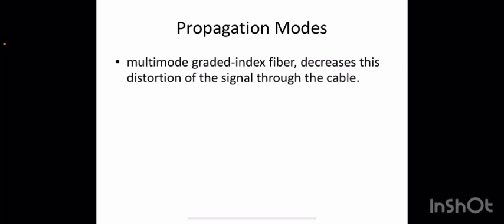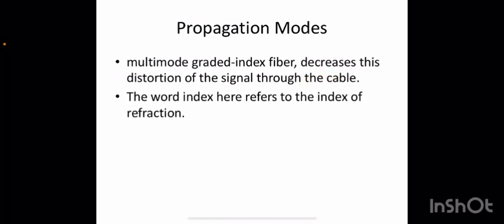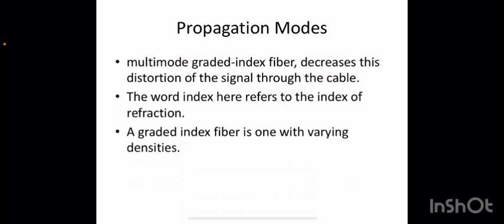Due to that, some distortion will be there, and signal quality will gradually degrade. To reduce that distortion, we use the second mode, multi-mode graded index fiber, which decreases distortion of the signal through the cable. How does it achieve that? Through a change in the construction of the core.